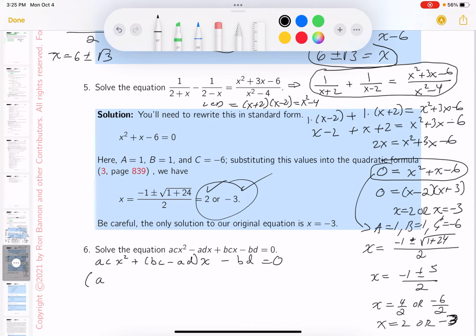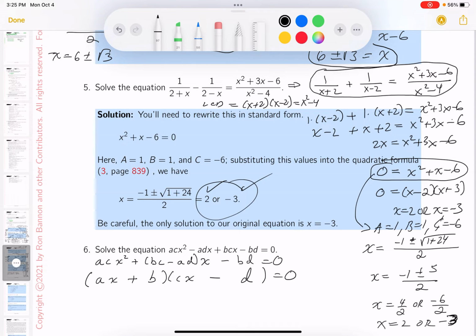I'm going to write down Ax, Cx, and then in the end, I'm going to write BD, plus minus equals 0. I don't know if it works. Let's try to look. What would you get for the first term?